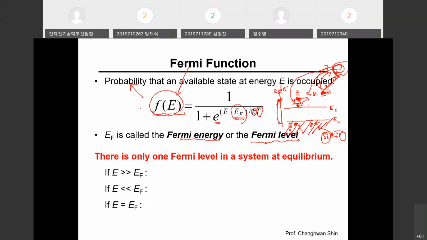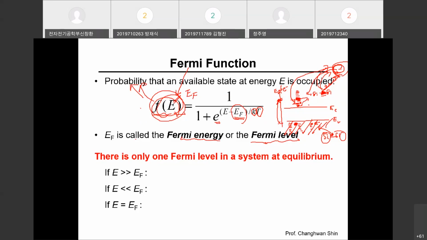The physicist Fermi said that f(E) indicates the probability of finding an electron at an energy state. What if the energy level I'm interested in is equal to the Fermi energy level?